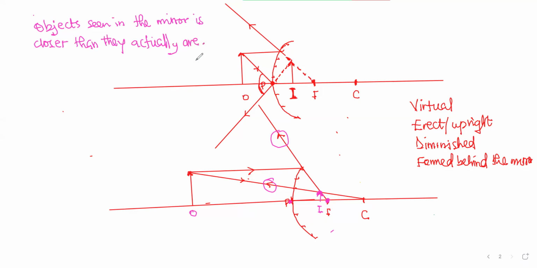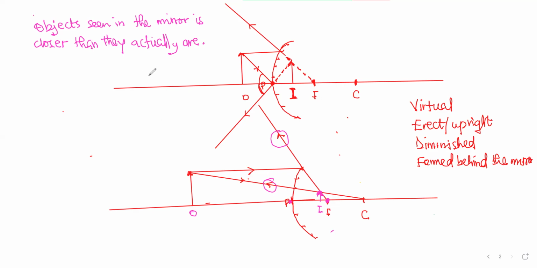So meaning that when you look through the mirror, the images you see, which are the objects they are referring to, are always closer to the mirror than the real objects. Okay, so that is the reason why.